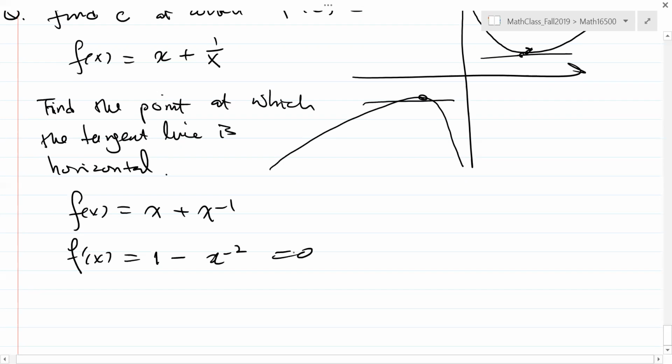You will see such equations very often in the near future when we apply calculus to solve a story problem, like minimize volume or maximize area, and you end up with an equation like that, with a negative power. I give you 1 minute, find the solution.